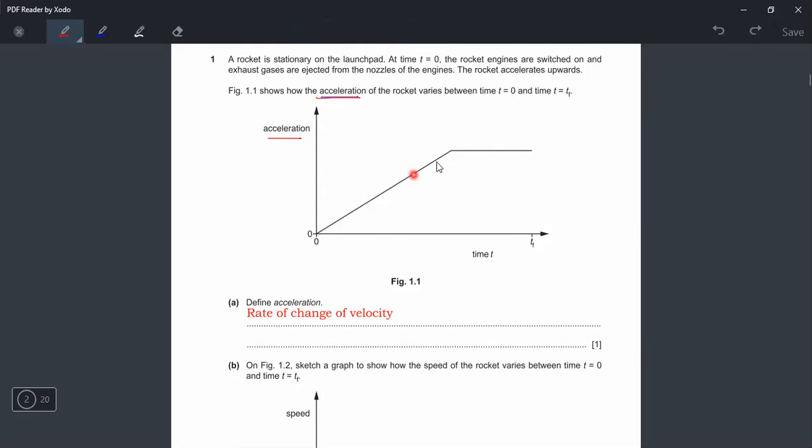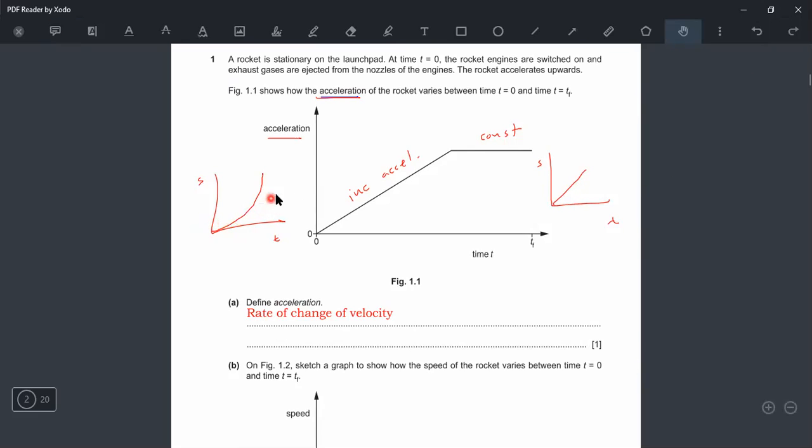Now, take a look at this. This shows you that the acceleration is increasing. So let's just write this down, increasing acceleration. And then you've got constant acceleration. Now, just to quickly remind you, in a speed time graph or velocity time graph, increasing acceleration looks like this, and constant acceleration looks like so, which means the line is first going to curve upwards with an increasing slope because the acceleration is increasing.